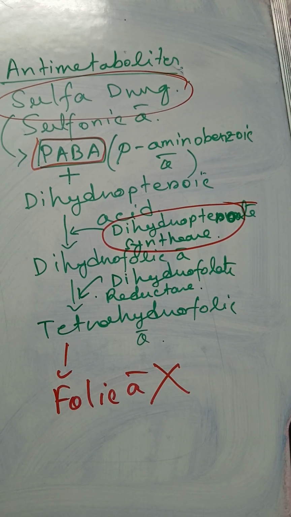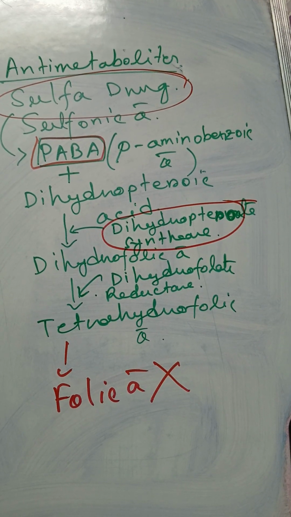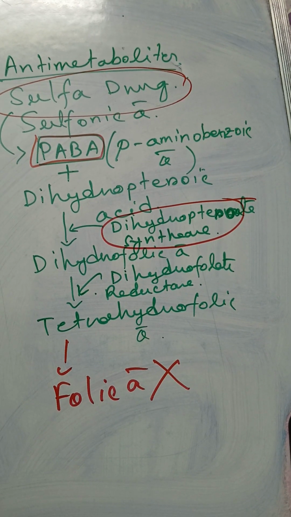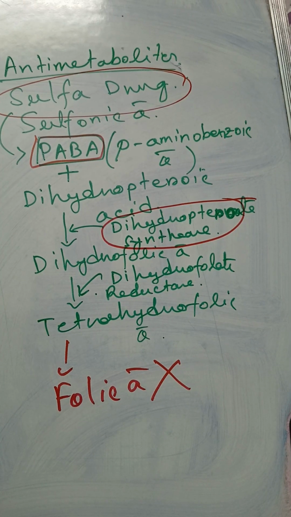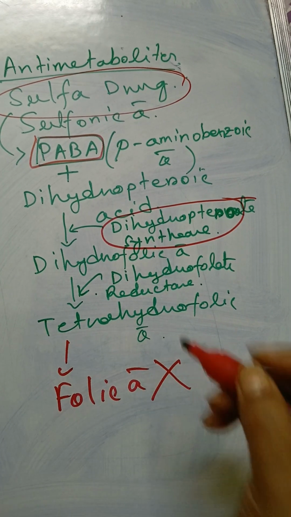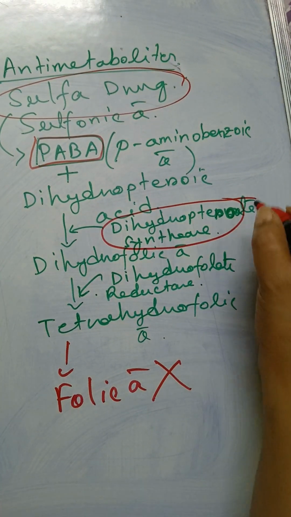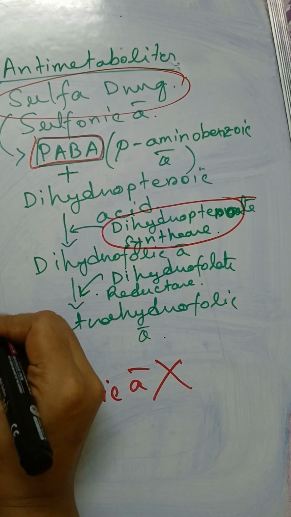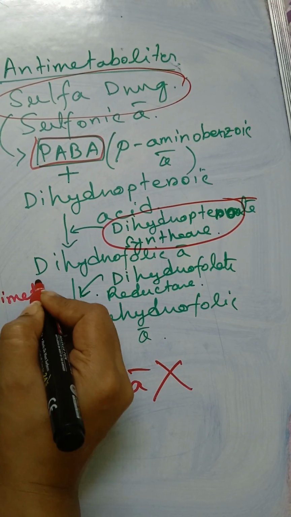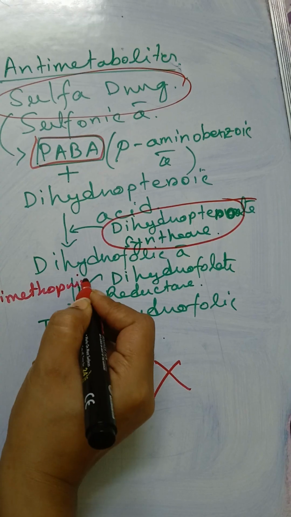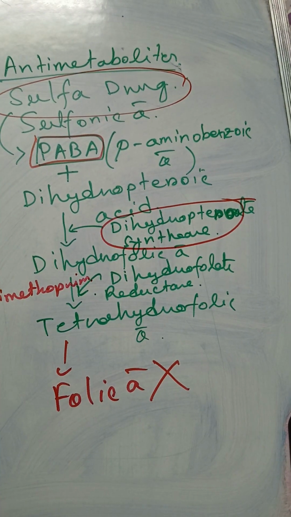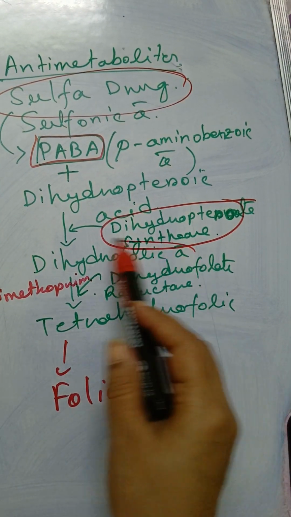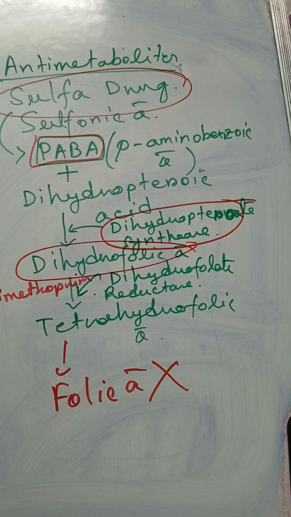That is why there is another synthetic antimetabolite that is very popular in the market, known as trimethoprim. Now trimethoprim basically has a structural similarity with dihydrofolic acid.